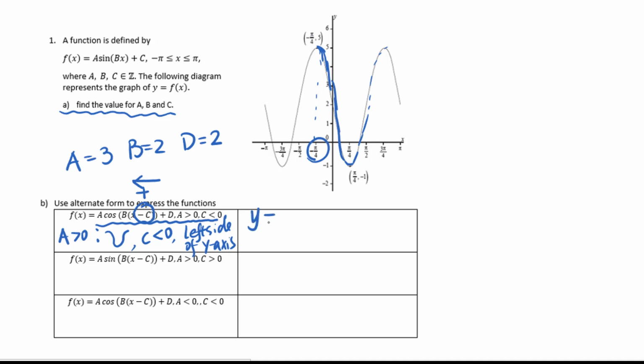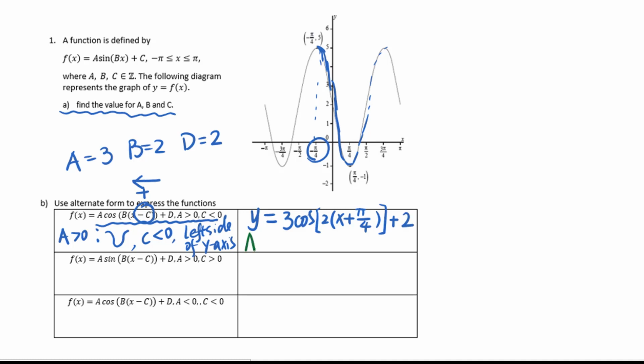We will get the cosine function y equals 3 cosine of 2 times x plus pi over 4, then plus 2.